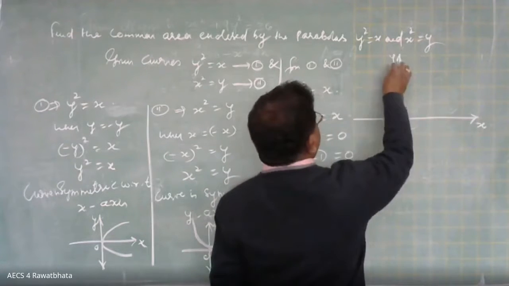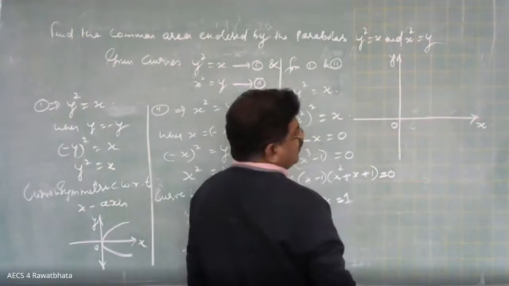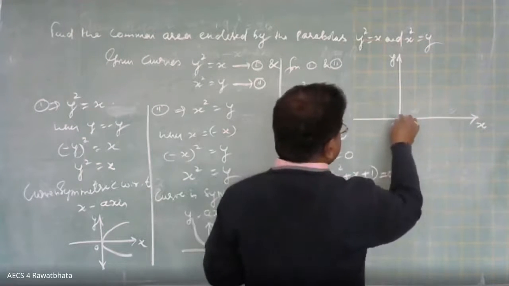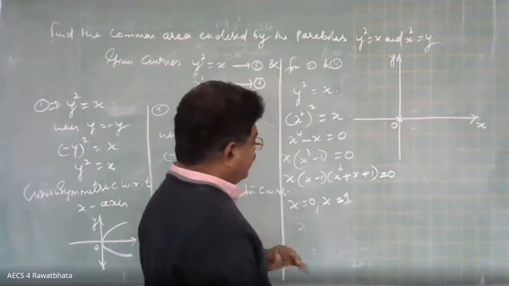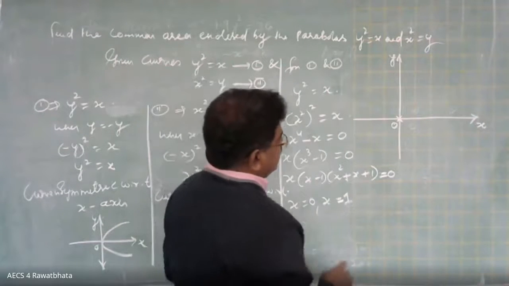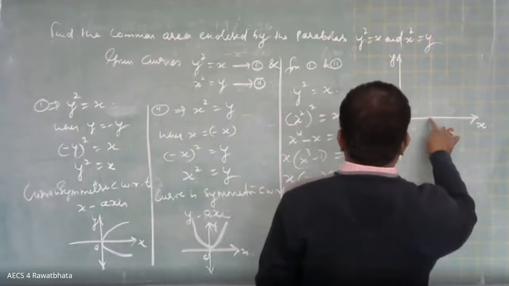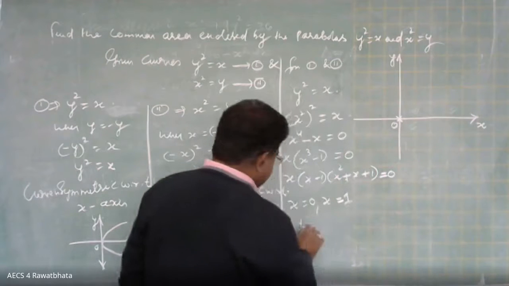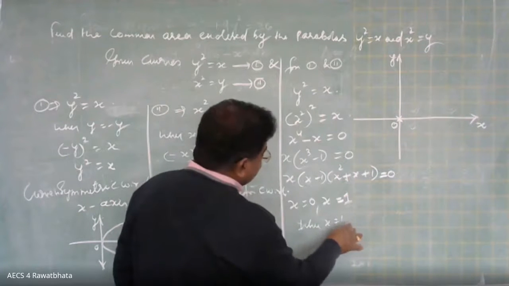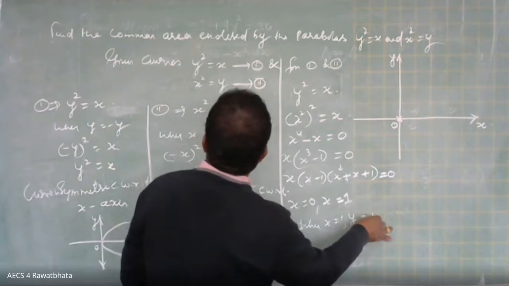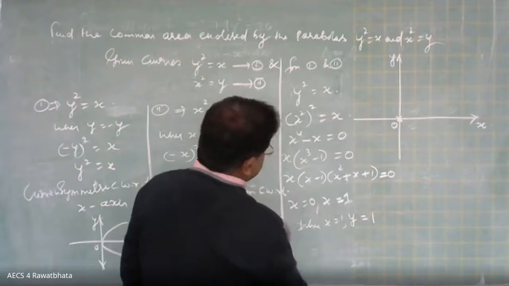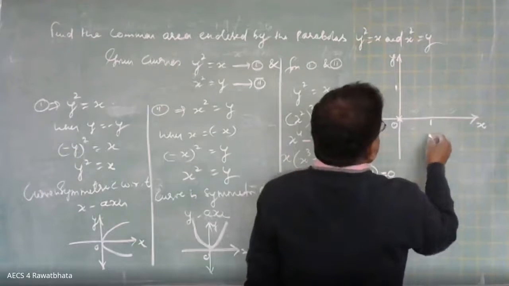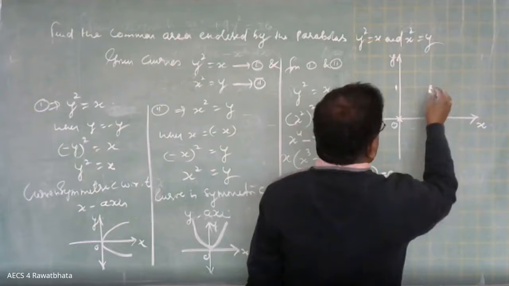X and here y, and it is 0. So first, both the curves pass through the origin, x is 0, and intersect at x is equal to 1. When x is 1, y is equal to 1 in both cases. So the point of intersection is here, 1.